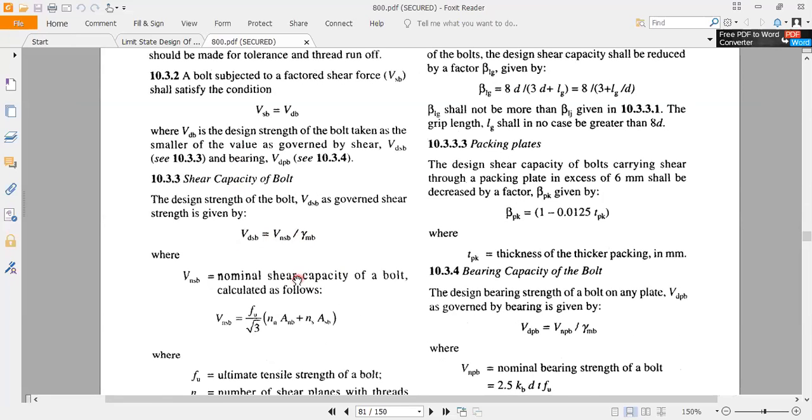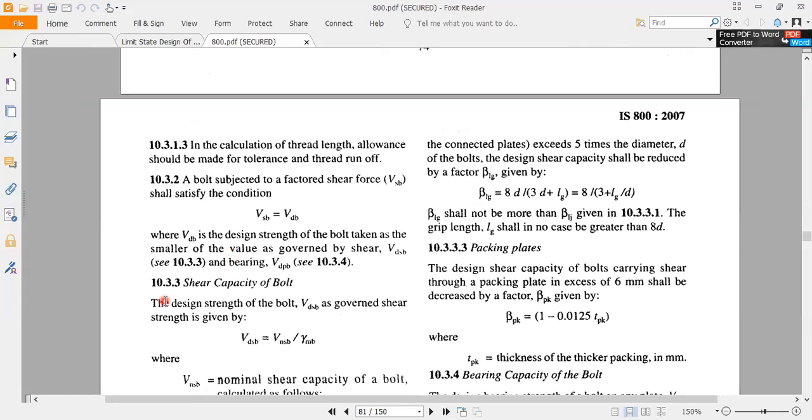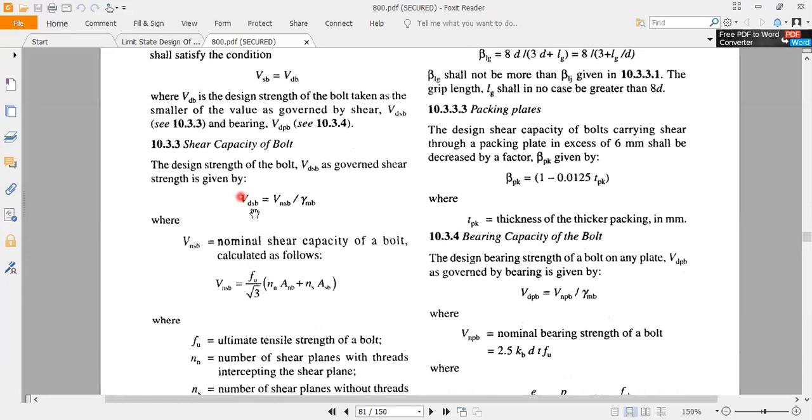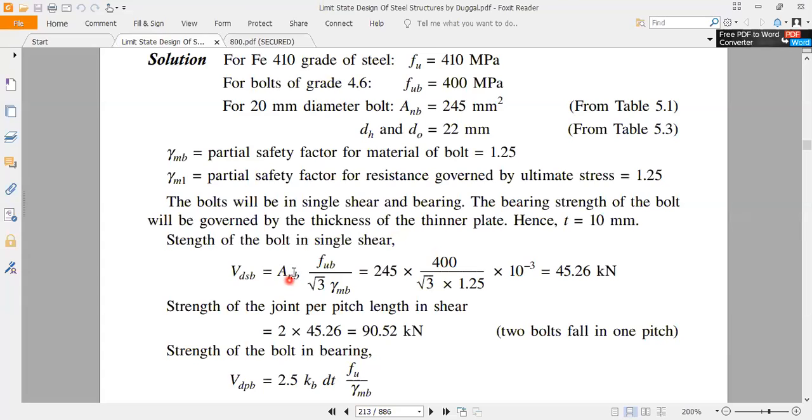So this is the formula. So shear capacity of the bolt V_dsb is equal to V_nsb by gamma_mb, and V_nsb equal to this. Just write those formulas. Okay, and as there is only one shear plane, and we will assume the safer one.